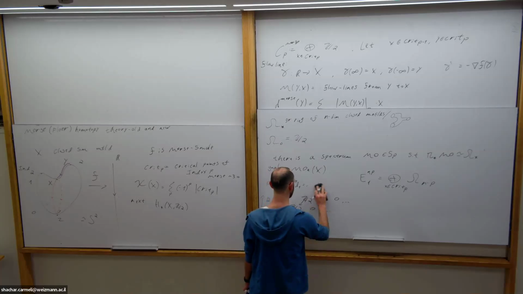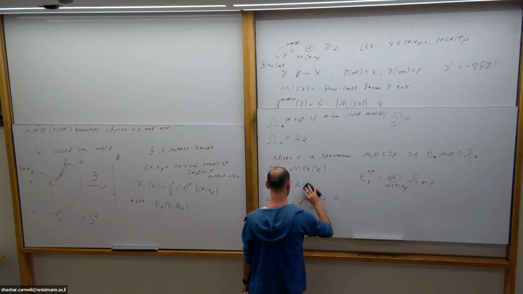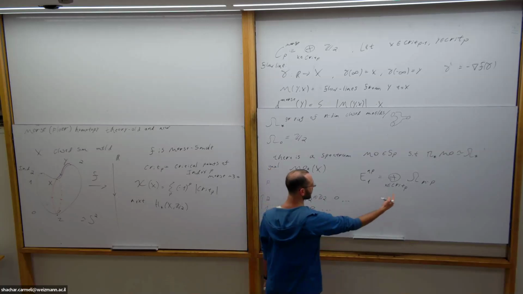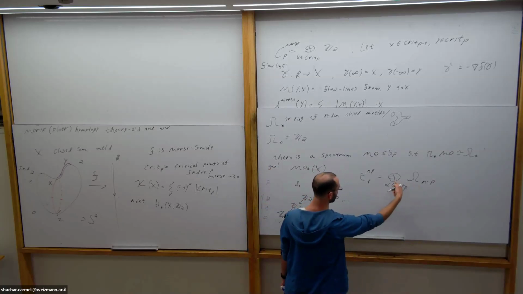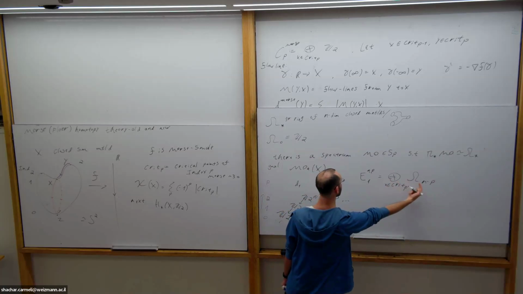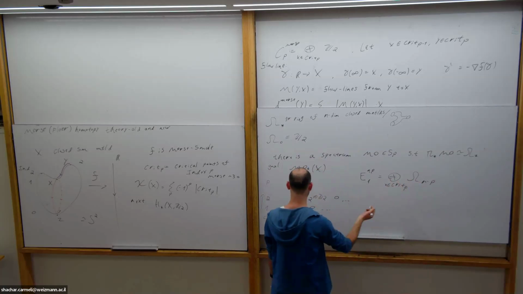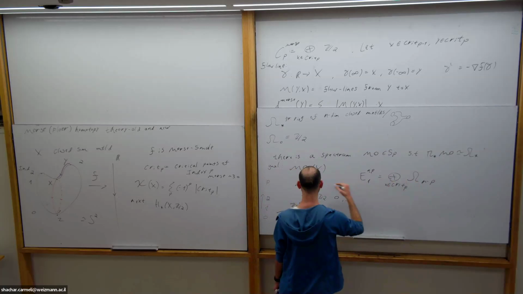Maybe I'll write more carefully. If you have an element here, this is one manifold for each critical point. So let's take a manifold n.